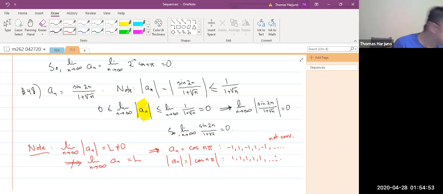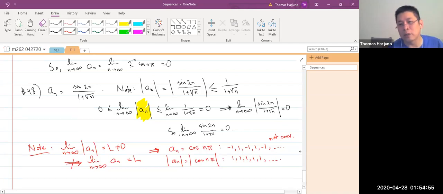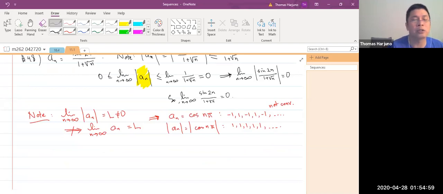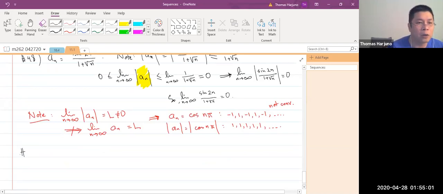Let's see, the last one, I kind of got to sink into this discussion here. How about number 52? We have the nth term equal to n minus the square root of n plus 1 times the square root of n plus 3.